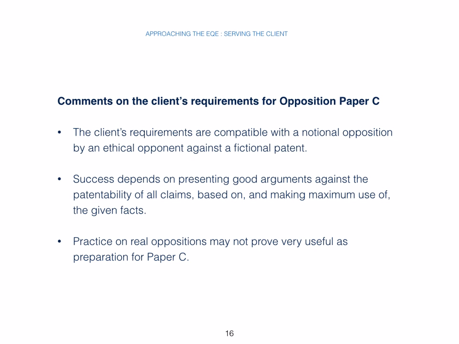Your success in meeting the client's requirements for paper C depends essentially on presenting good arguments against the patentability of all claims based on and making maximum use of the given facts.